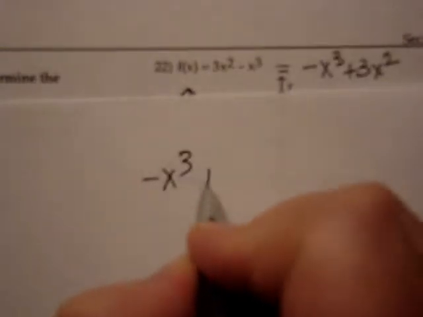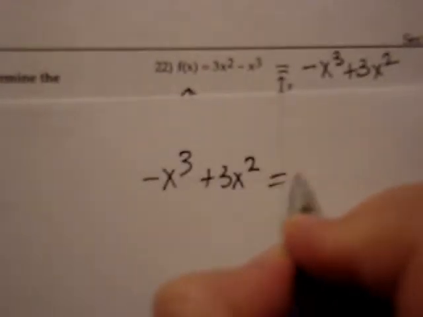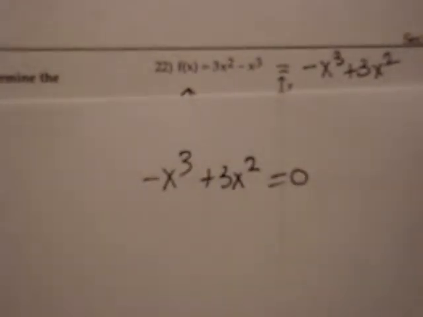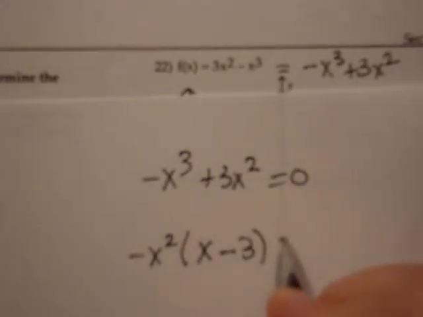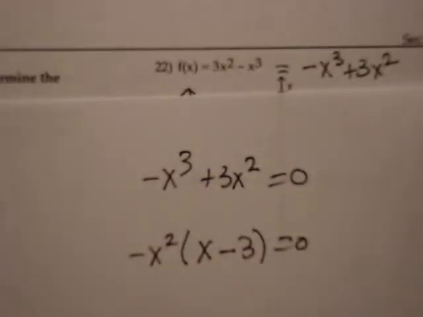To find our x-intercepts, we take our polynomial and say it equals 0. Let's factor out negative x squared. I'll be left with x minus 3 equals 0. So I get two x-intercepts. Let me make my list of them over here.